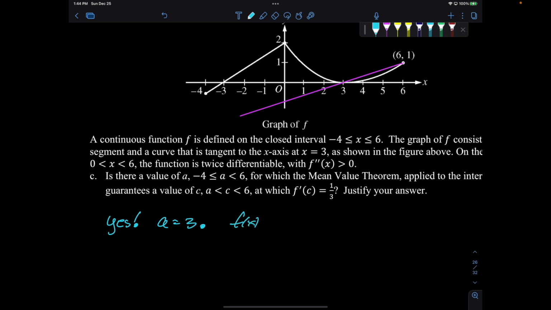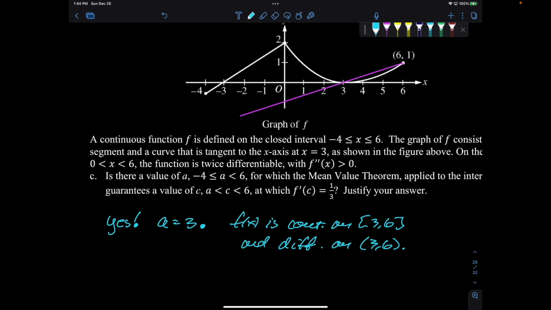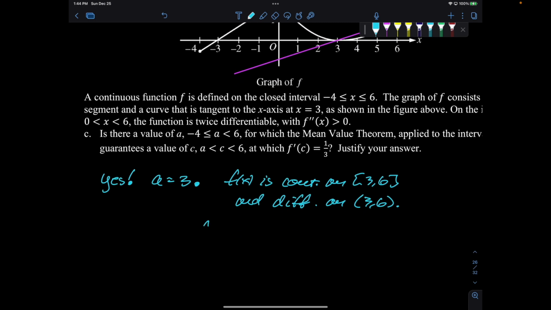f of x is definitely continuous on [3, 6] and differentiable on (3, 6). So continuous on the closed interval, differentiable on the open interval.